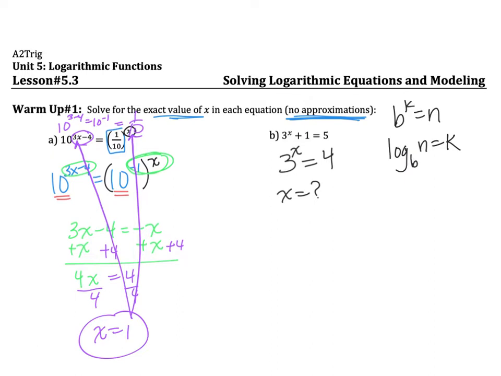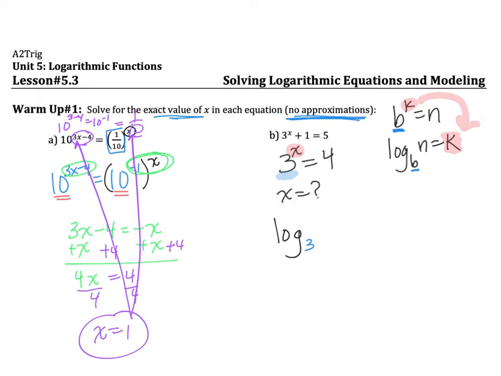So that is exactly what we are going to do, because as you can see, x is equivalent to our k, and we isolate k, or it's going to be x in this case, by rewriting exponential form into logarithmic form. So our base is 3, so I'm going to write log with a base of 3 because the base of the exponential is the same as the base of the log.